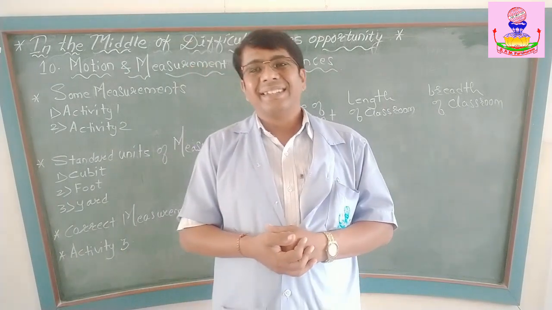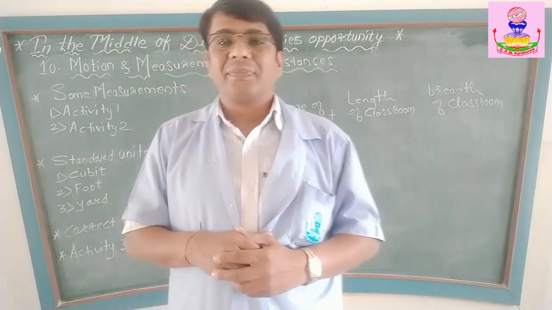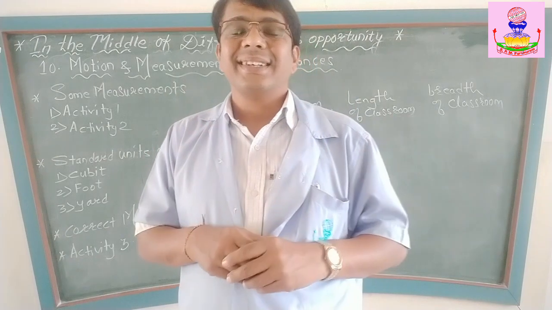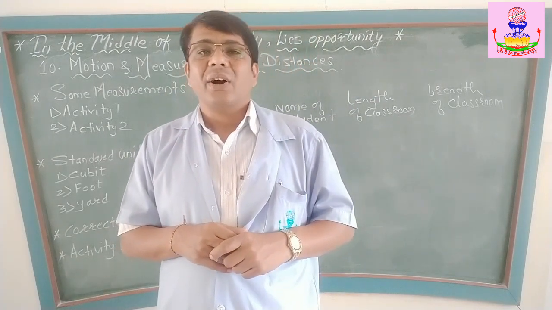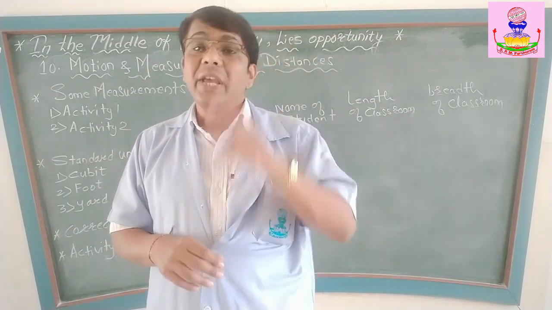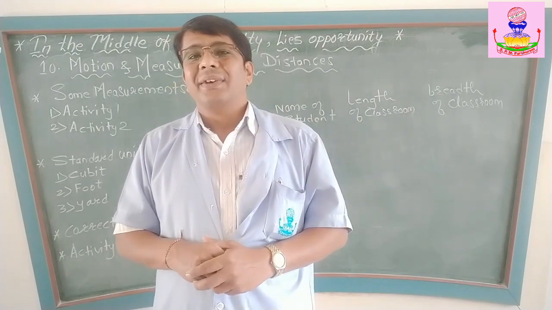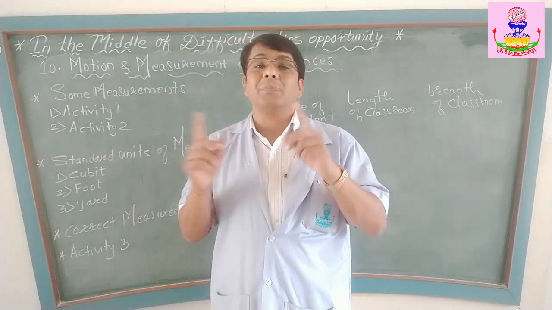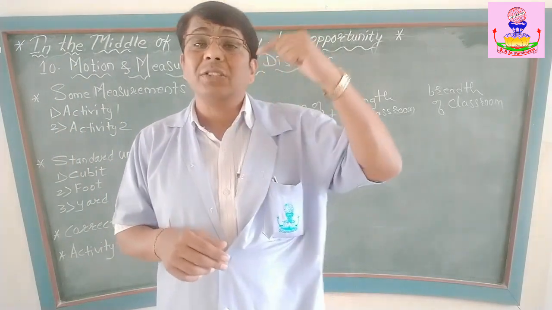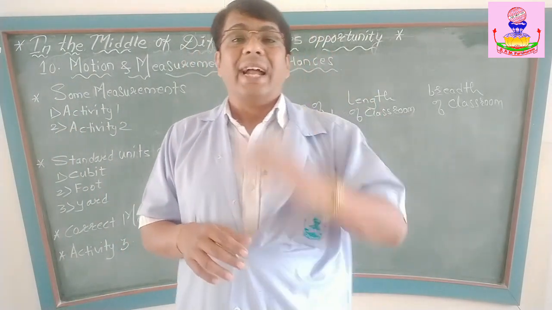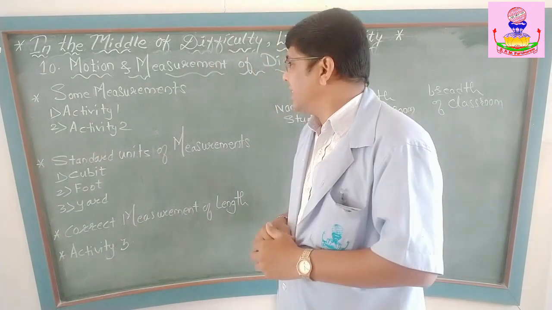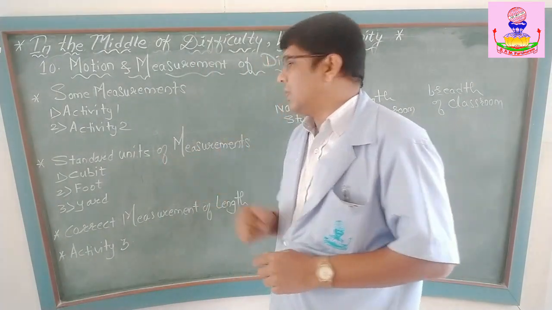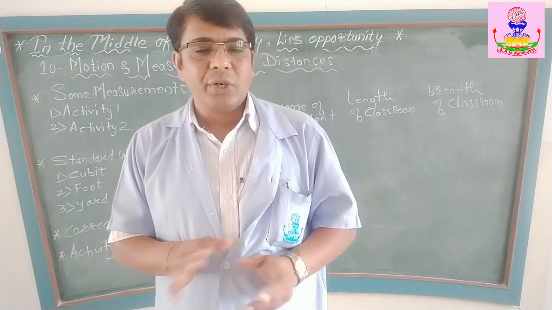And hence there have to be some units or fixed ways of measurement which will not depend upon the person. It will be independent of the person. It will not change from person to person. And hence, let us study standard units of measurements.